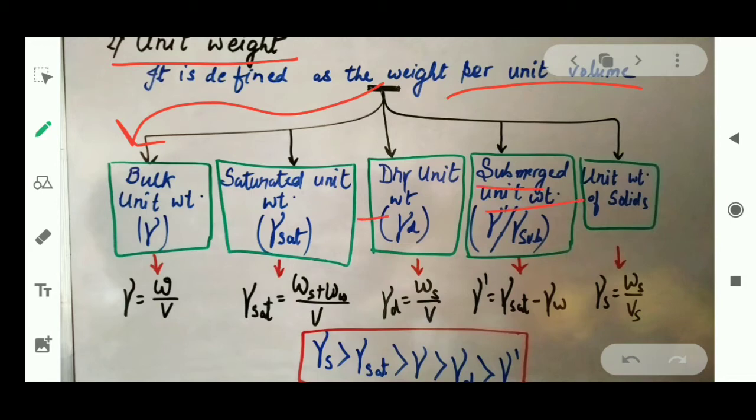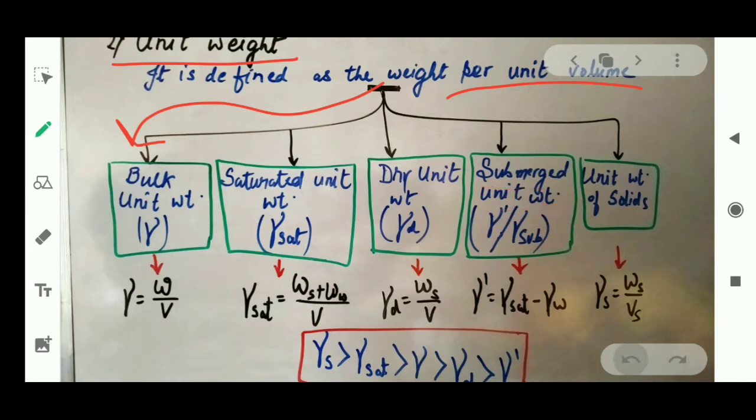Bulk unit weight, in simple terms, is the ratio of total weight of soil mass to the total volume of soil.